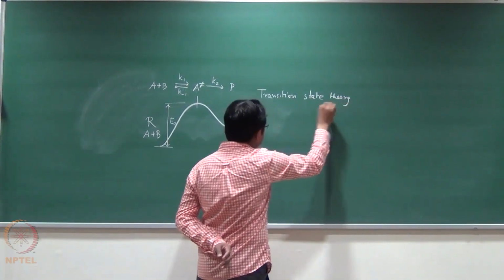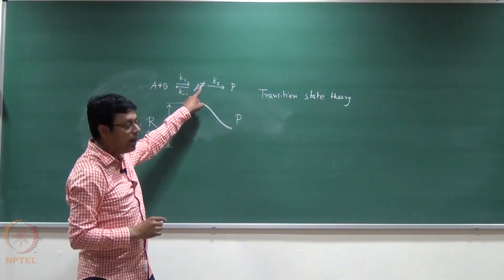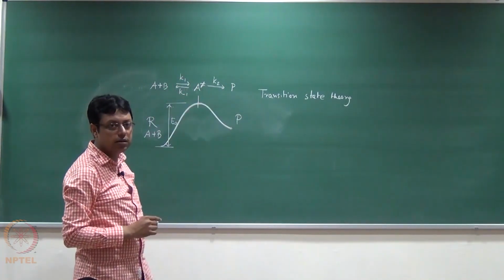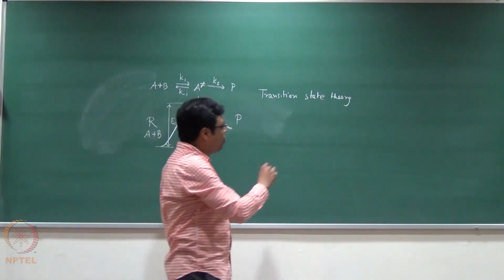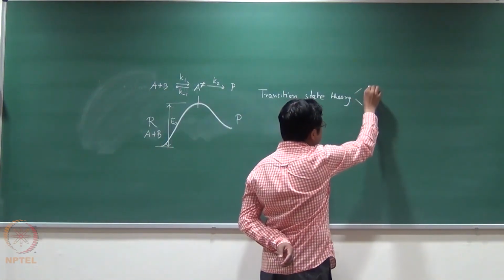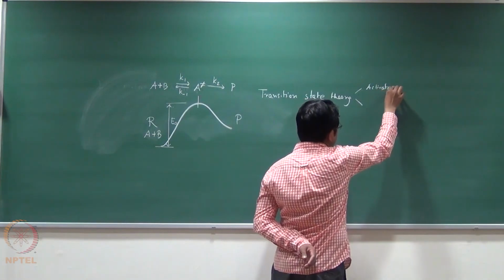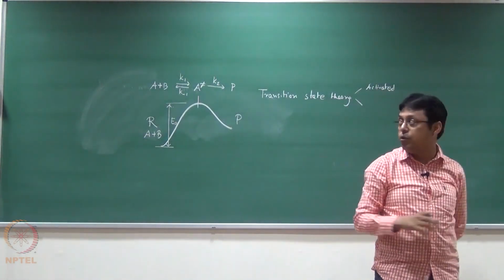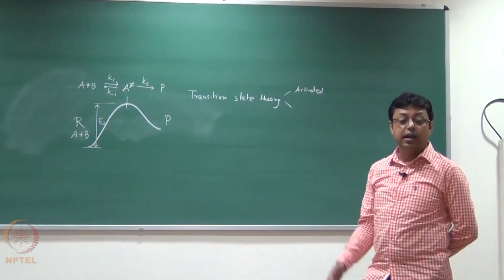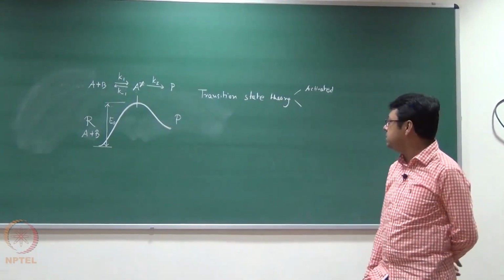in the sense that there is a transition state, denoted by the dagger, that exists between the reactants and the products. But the version which Eyring and Polanyi gave is more correctly known as activated complex theory, in the sense that they visualized an activated complex in between, which I am denoting as A dagger. If I know the statistical mechanical properties of this activated complex, I can calculate the rates.